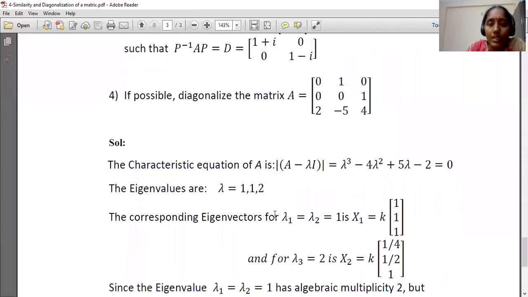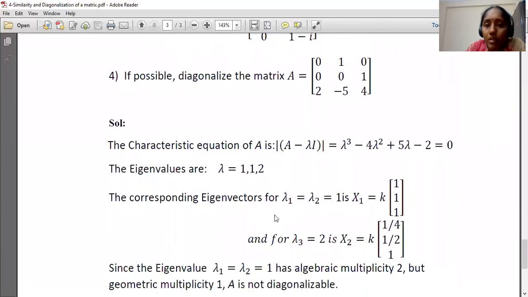Yeah, the last example. If possible, diagonalize the matrix A with rows 0, 1, 0; 0, 0, 1; and 2, minus 5, 4. If we want to check whether the matrix A is diagonalizable, we need to check whether the eigenvectors corresponding to the eigenvalues are linearly independent or not.